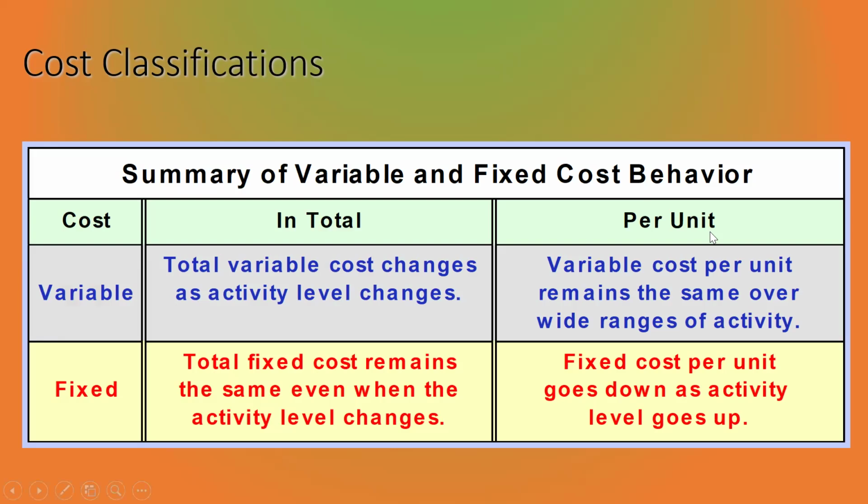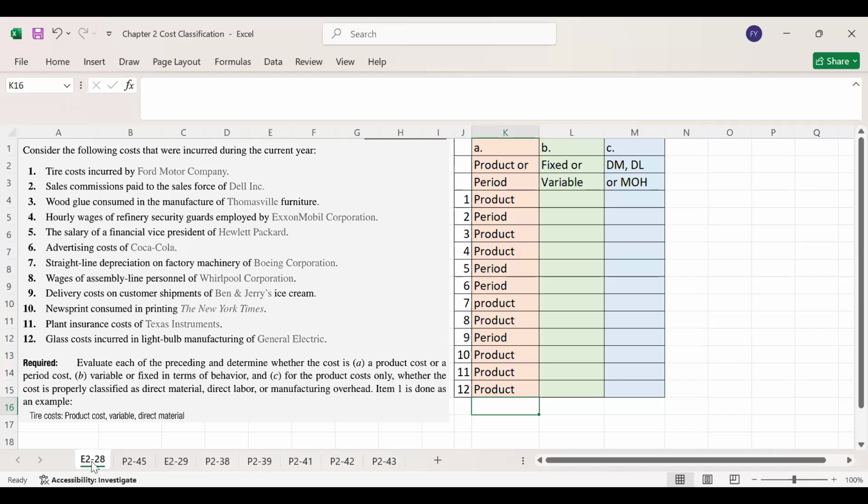So we will practice some examples from the same book, Managerial Accounting. In case of fixed or variable cost, we have exercise 2-28. Now, the tire cost incurred by Ford Motors. If we produce one car, the tire cost is based on one car.